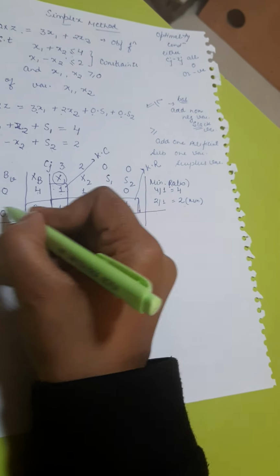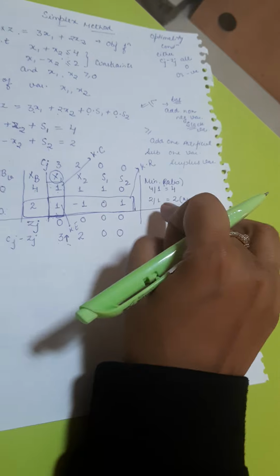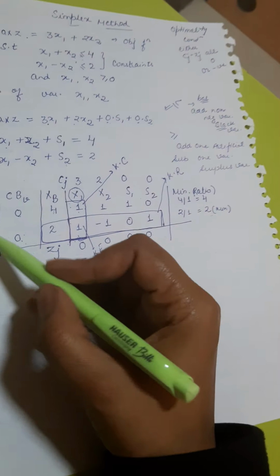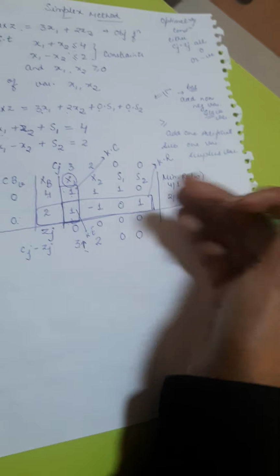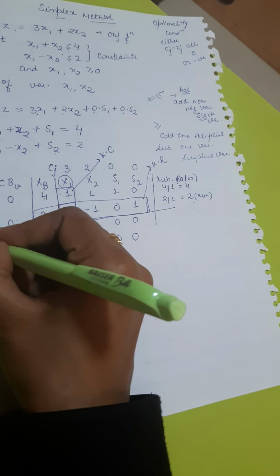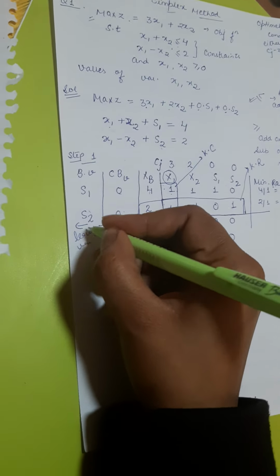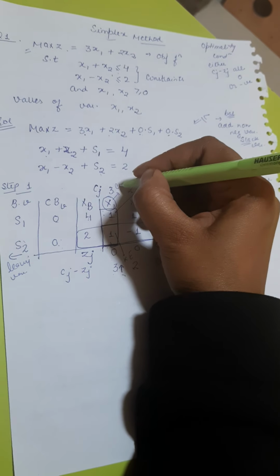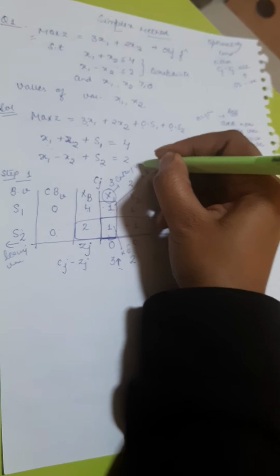In the next table, which one is the entering variable and which one is the leaving variable? S2 is the leaving variable, and x1 is the entering variable.